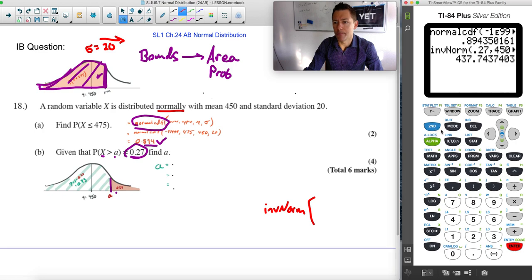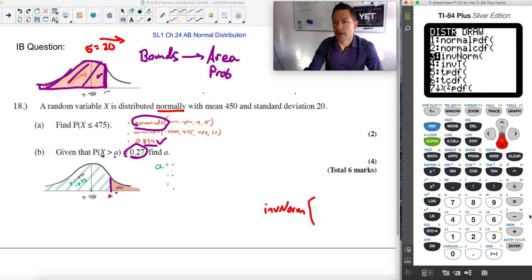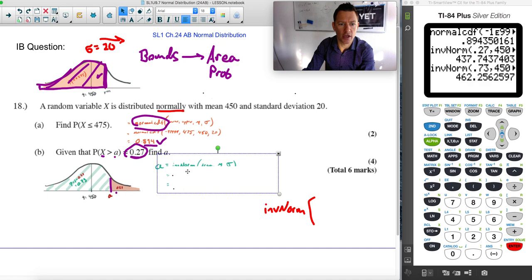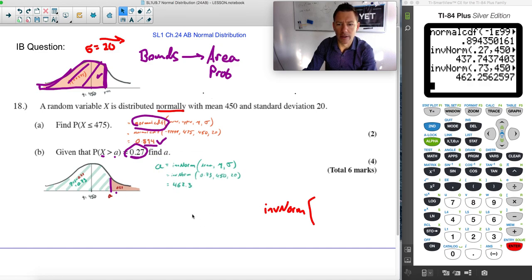So play the same game, inverse normal, but we want 0.73. All the rest is the same. We say go baby go, and it spits out 462, which is above 450, which looks right. So let's check it. Sweet, cool.